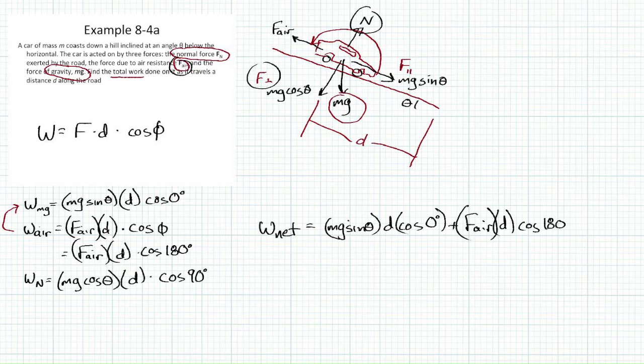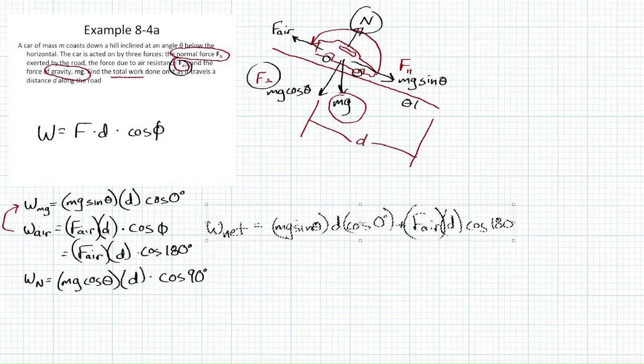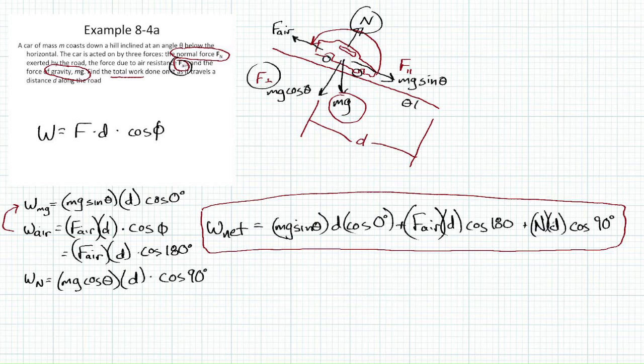Let's move all that over and make a little more room. Okay, and our last one is plus our normal force, that is N times our displacement times a cosine of 90. That should about do it for this part.